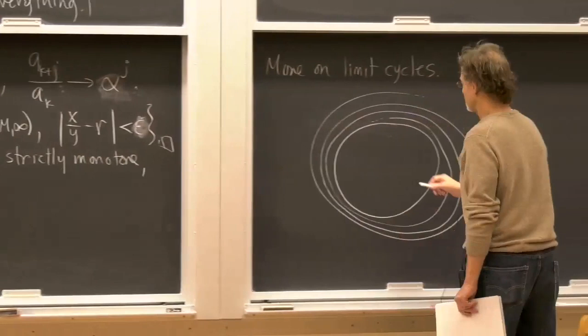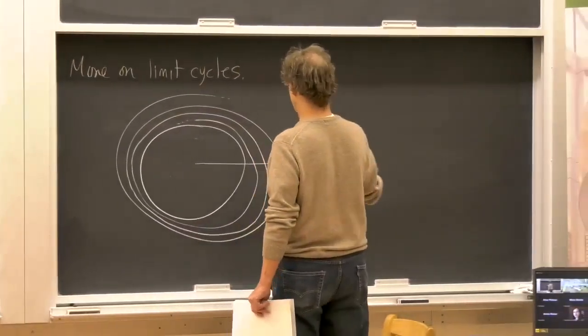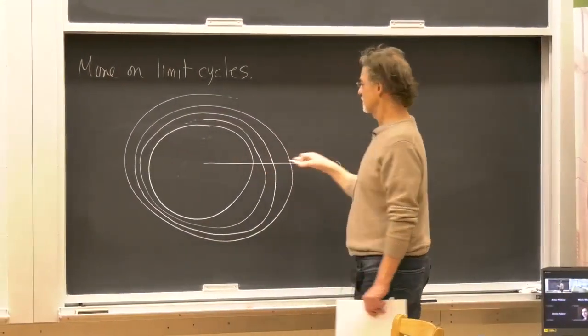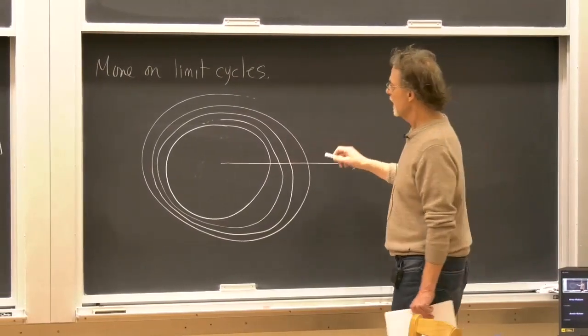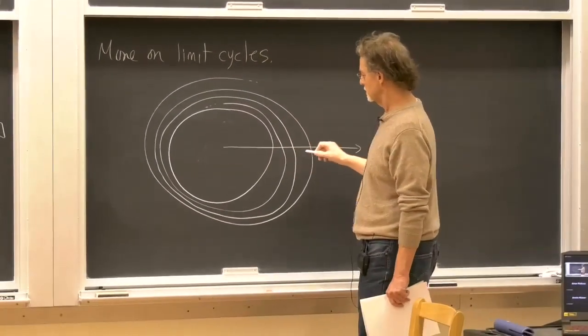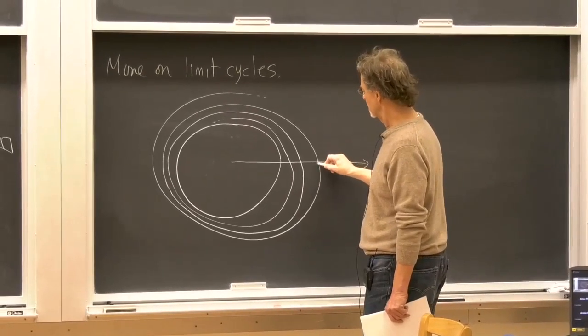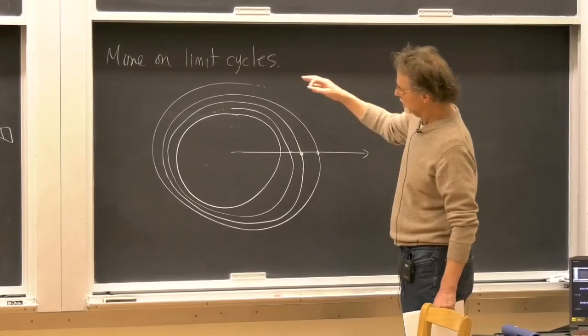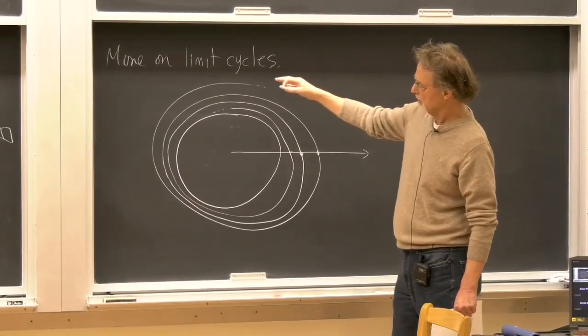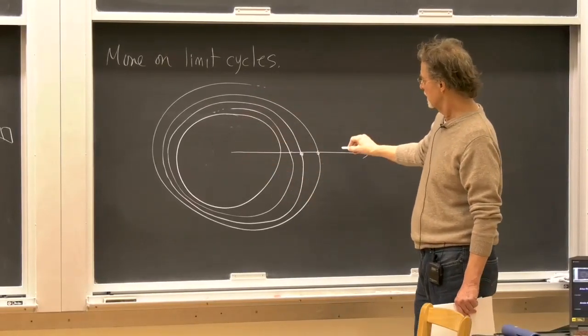Now, my cartoon here is that we can just trivially draw a transversal more or less anywhere we want. And then we can start talking about this Poincare return map again, which means you have to consider the whole phase portrait.